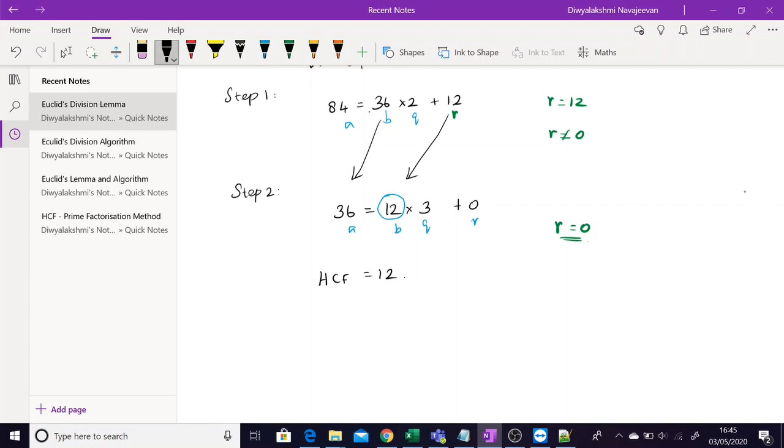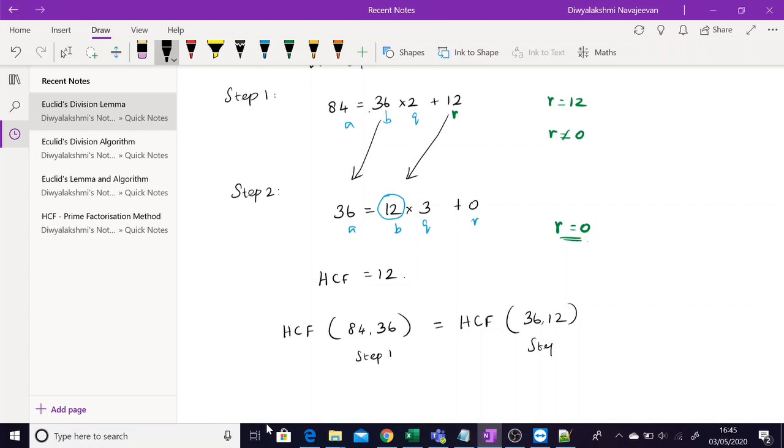There is an interesting characteristic here which we can note. This 12 is the HCF of 84 and 36 and also the HCF of 36 and 12. That is, HCF of step 1 equals HCF of step 2 equals 12.